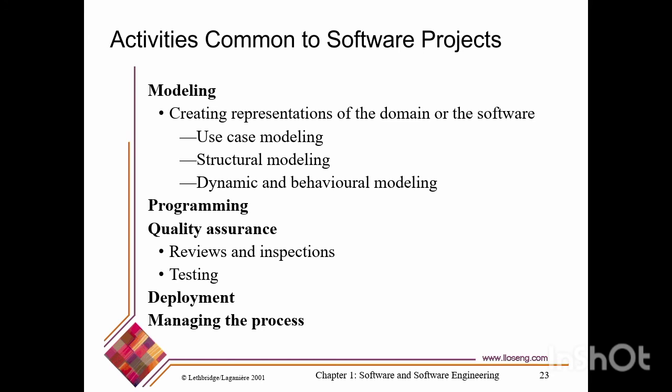And then programming, that is, code writing, and quality assurance. After writing the code, we check with reviews and inspections, and testing is part of quality assurance. Deployment: we deploy the software and check whether it is working smoothly, and managing the process. These are the steps common to software projects.